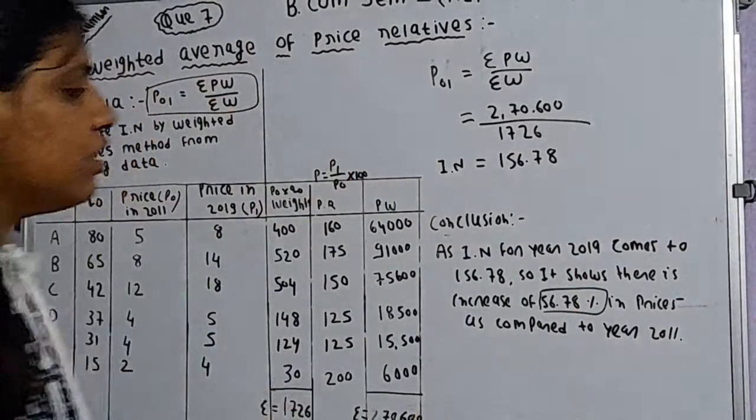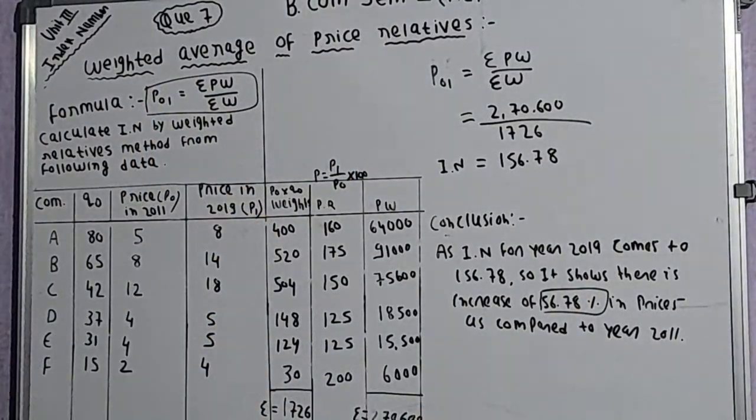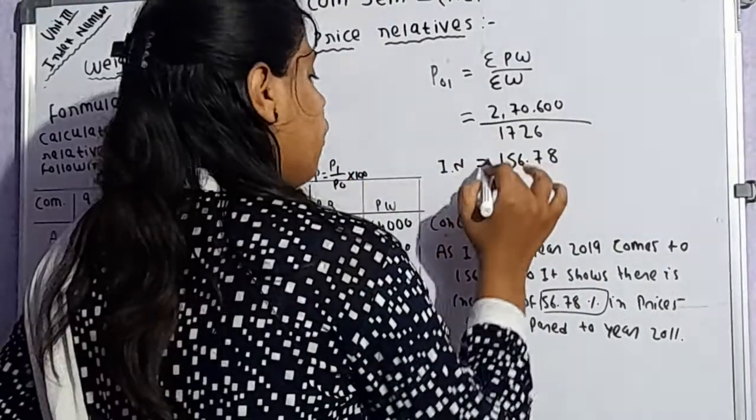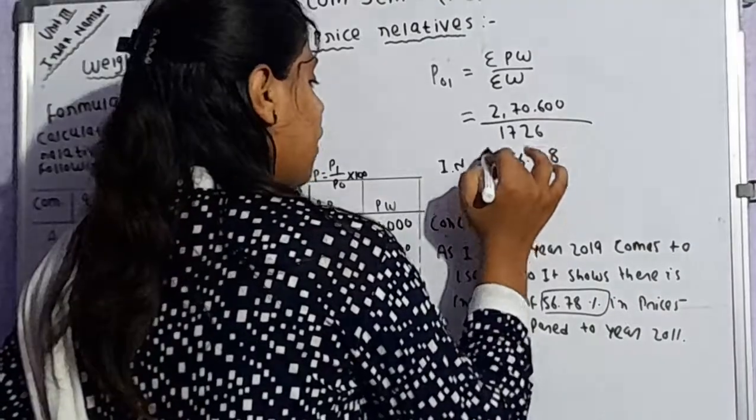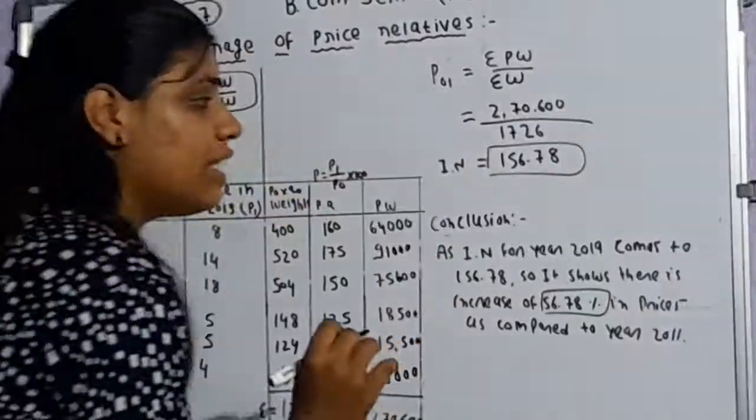Because the prices in the base year are considered to be 100, and for year 2019 we have got 156.78 as the index number.